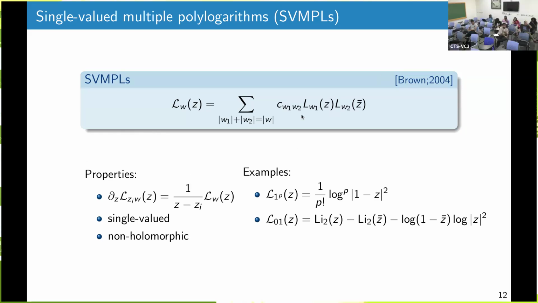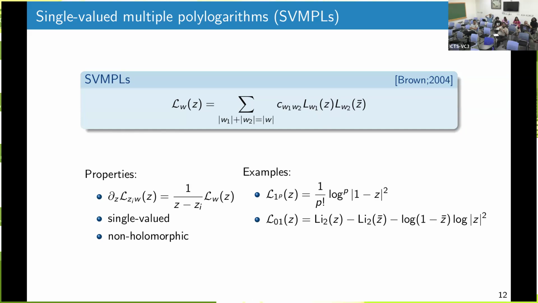So for example, if W1 has length 2, you can get the Li2 of z. But if W1 and W2 both have length 1, you can get these logs here, log z times log (1 minus z bar). But the right-hand side does not seem to depend on the actual word, right? It only depends on the length of W.